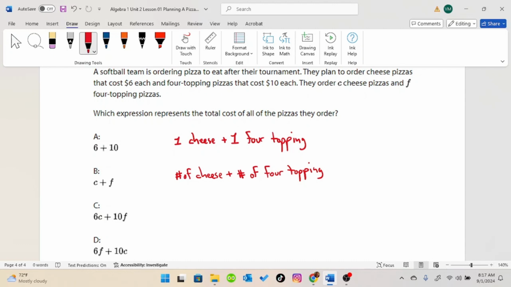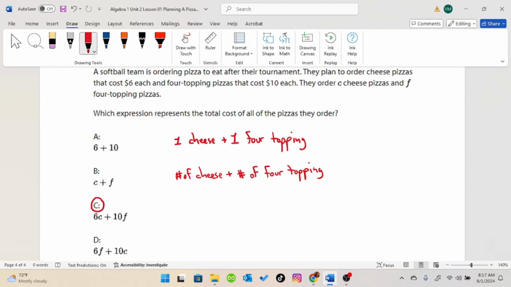C is $6 per cheese pizza, which is correct, and $10 per 4 topping, which is also correct. So C would actually give us the total cost.